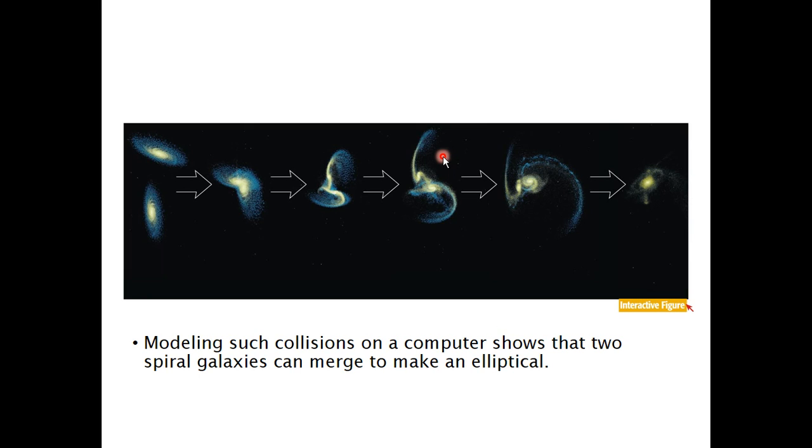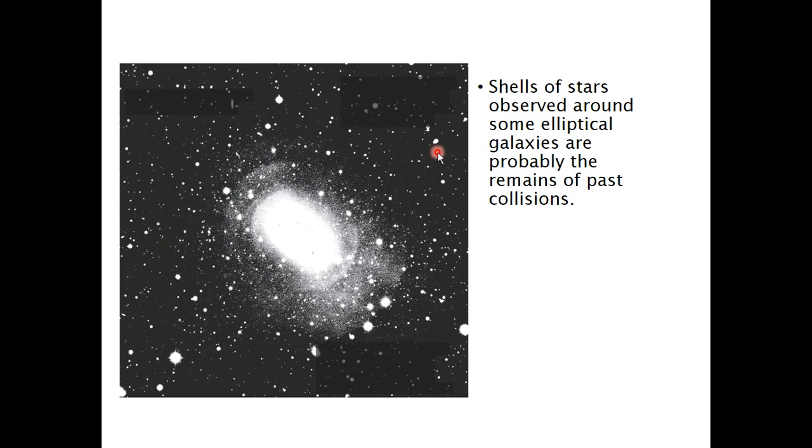You can model collisions, and the collisions can, on occasion, cause spirals to collapse. Our models show that you can take spiral galaxies and form elliptical galaxies out of them. And some elliptical galaxies are surrounded by stars in the sense that it looks like they may have formed in collisions.